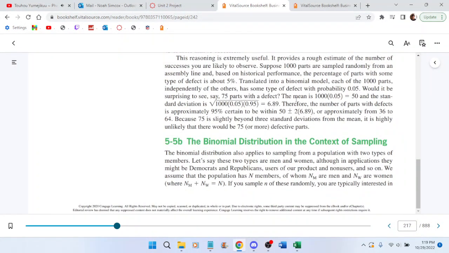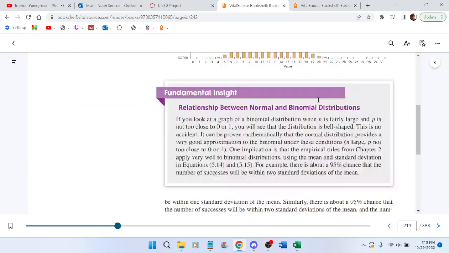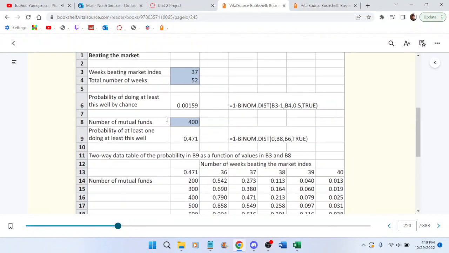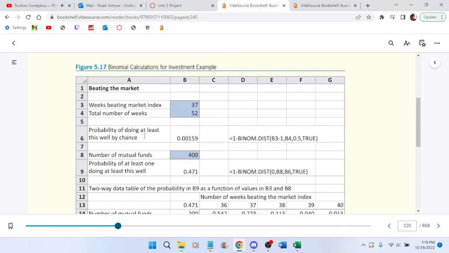God dang man. Oh, this is so torture. Probability of doing at least this well. They did this -1. This -1, why on earth?